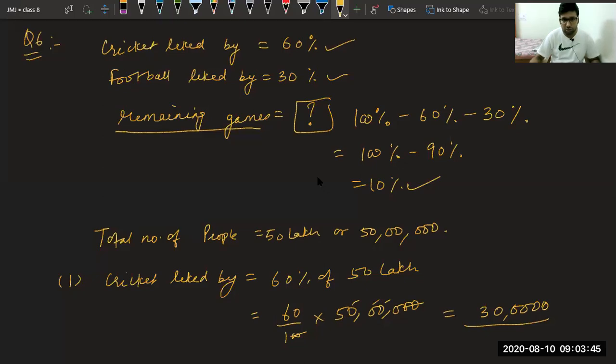One second, one mistake is there, I think 50 lakhs, no? It's coming as 3 lakh. Why so? What is the mistake done by me? Please check. Yes, it should be 30 lakh only, but why is it coming like this in my case? I have cut the zeros. Cricket, 30 lakh.